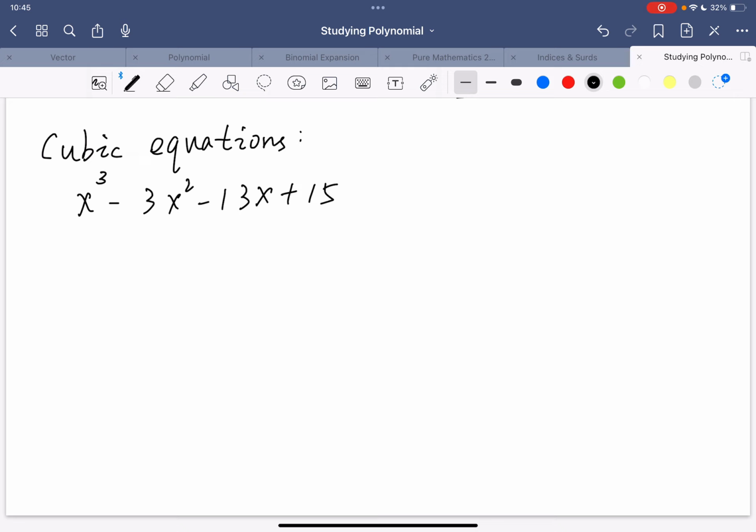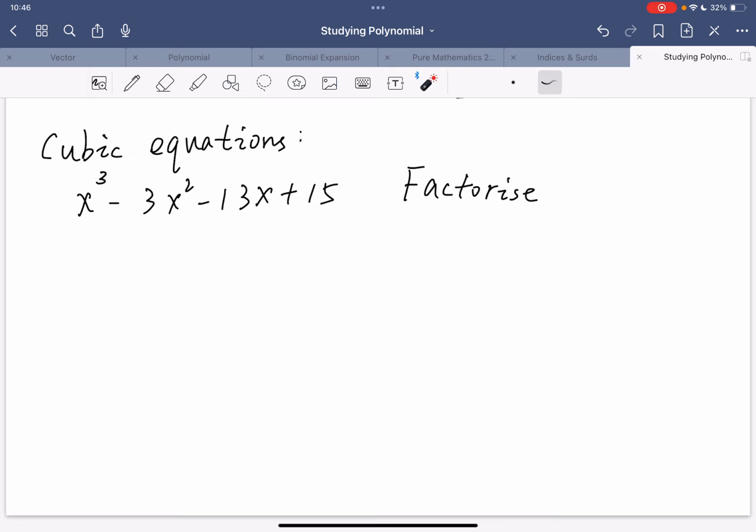In this case, we need to find out how we can factorize this equation into lower power. How can we do that?